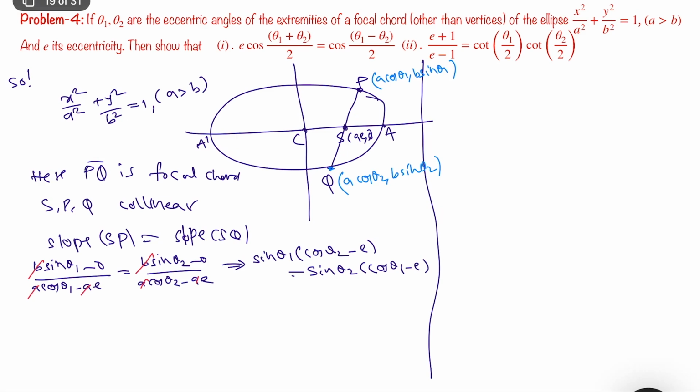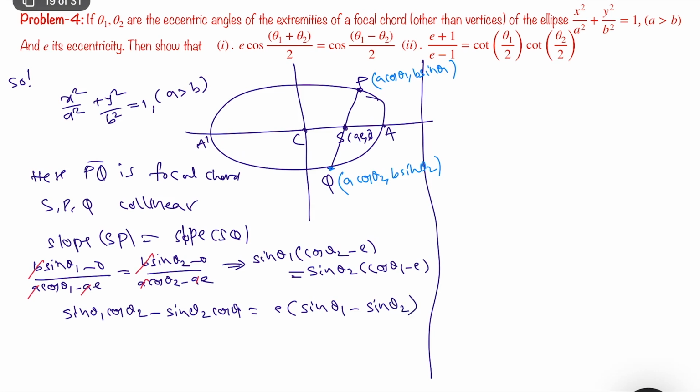So if I take the e terms to one side and the remaining things to one side, what I can get here is sin theta 1 cos theta 2 minus sin theta 2 cos theta 1 equal to e common times (sin theta 1 minus sin theta 2).